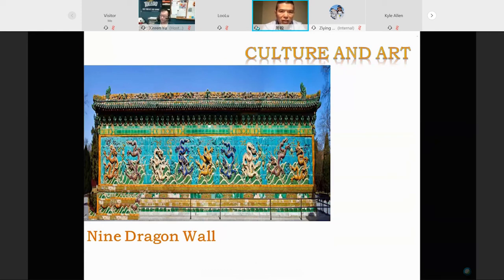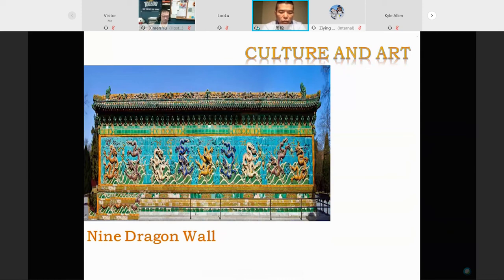Yellow is the color for emperor. Only for emperor, guys, in ancient China. Only emperor and royal family can wear yellow. Other people cannot wear yellow. So in the center of the facade is a yellow dragon.